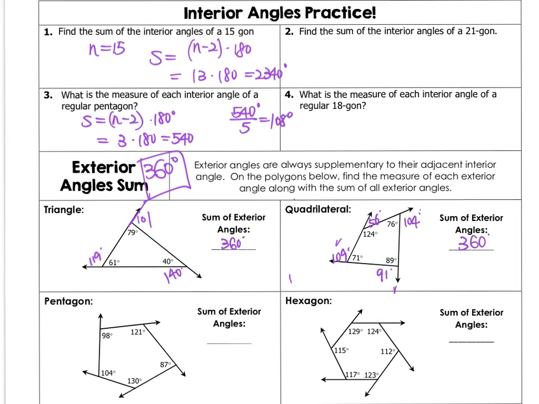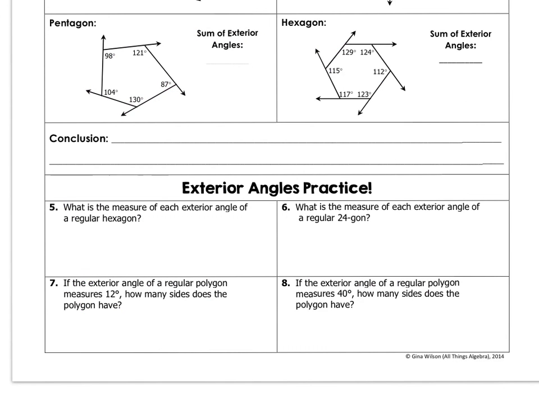I just know that it's 360, but verify that with your calculators. Let's see here. For the pentagon, this should be the same. That's 82. That is 59. 93, 50, and 76. And you add that together, that should give you 360 as well.